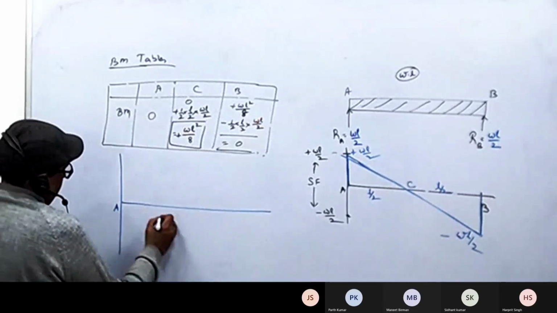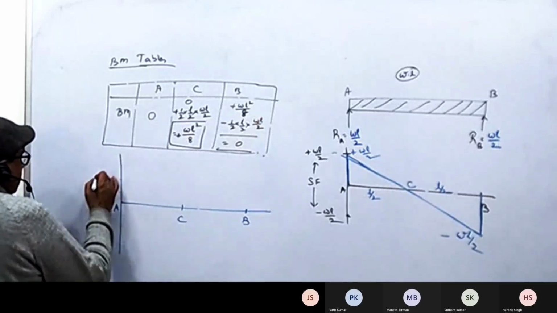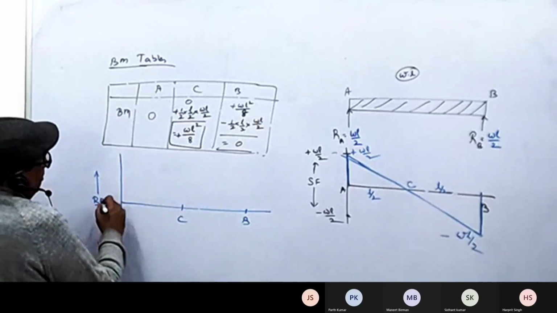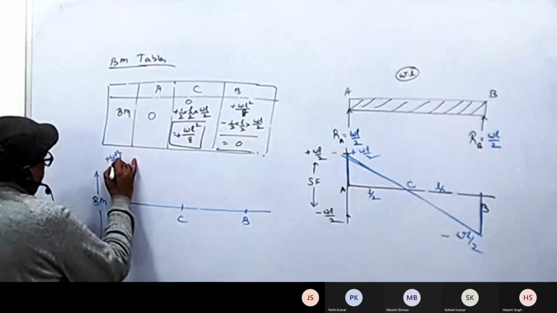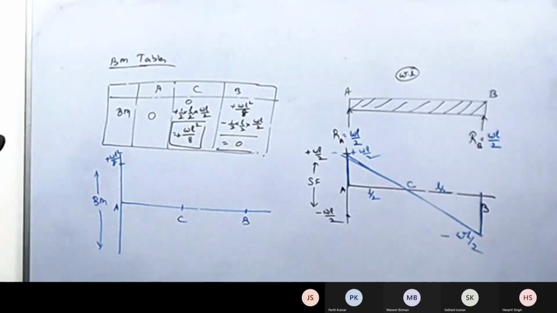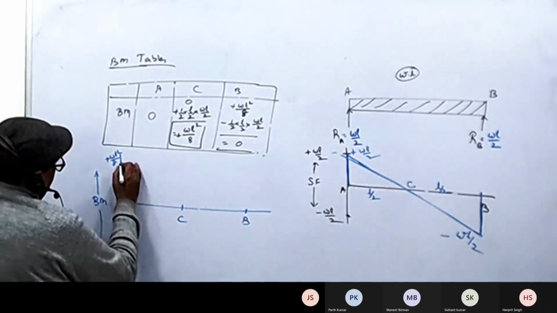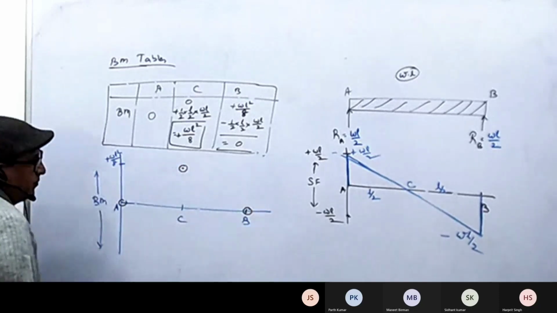This is A, mid length is C, other end point is B. This is BM, some appropriate scale. On this scale, this is plus WL square by 8, whatever the scale be. So it is 0 here, it is this much of value here.